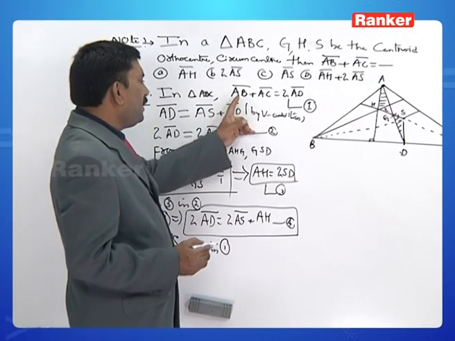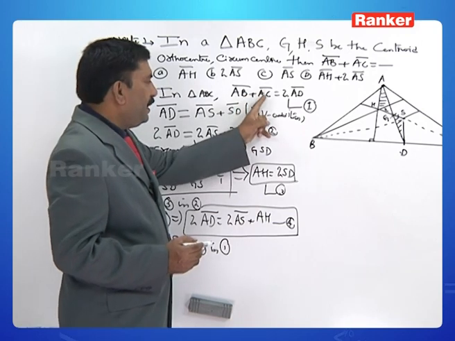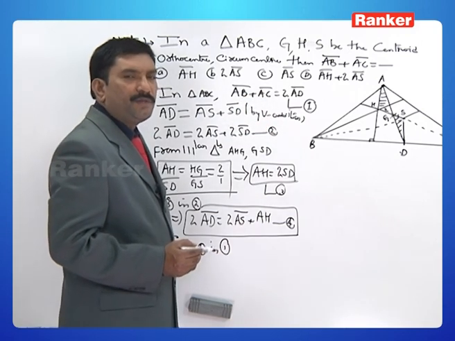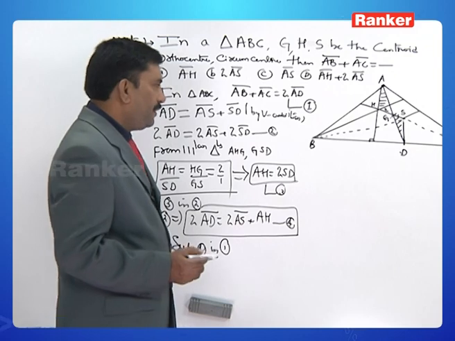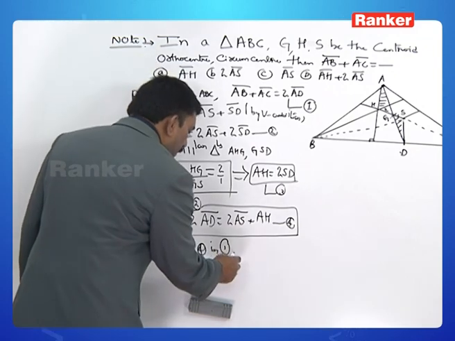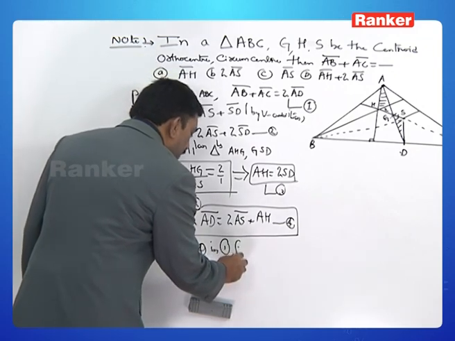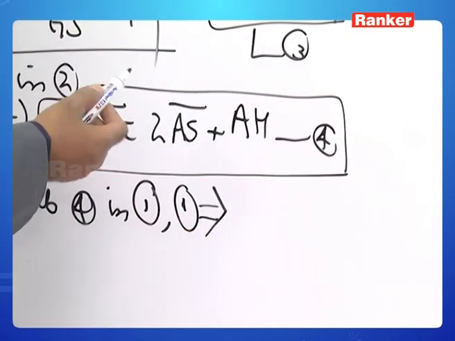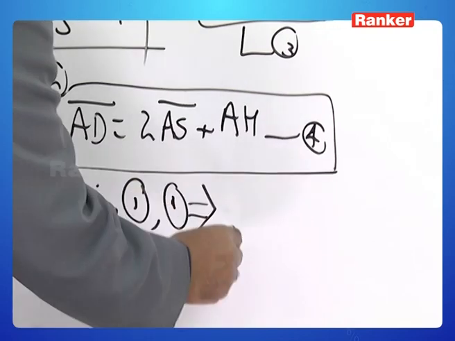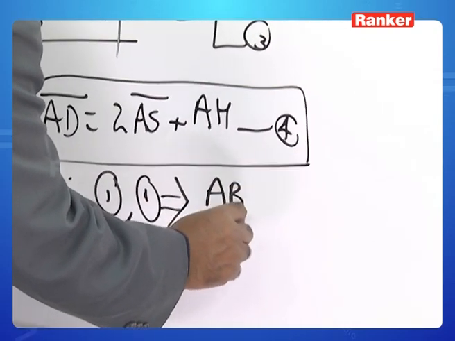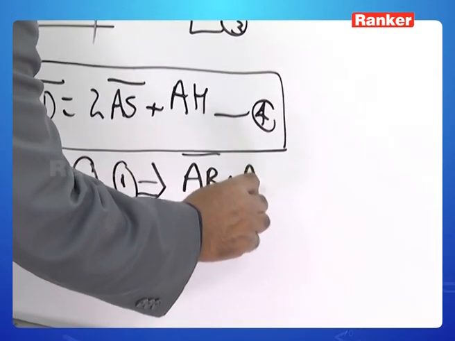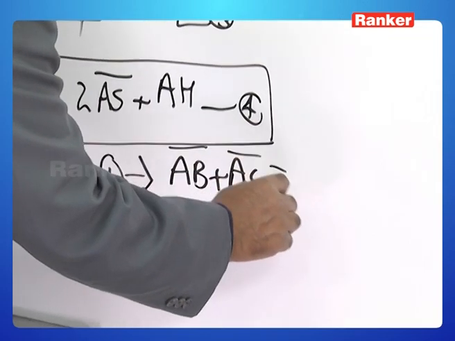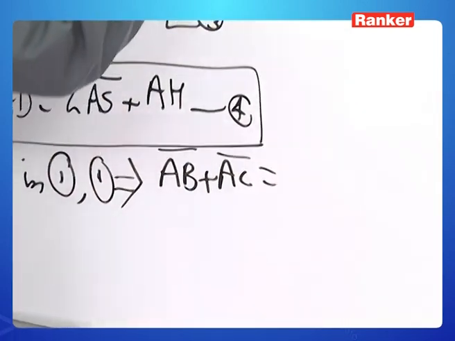Because what is 1? AB bar plus AC bar is equal to 2 times AD bar. So therefore, now 1 implies AB bar plus AC bar, you substitute there.